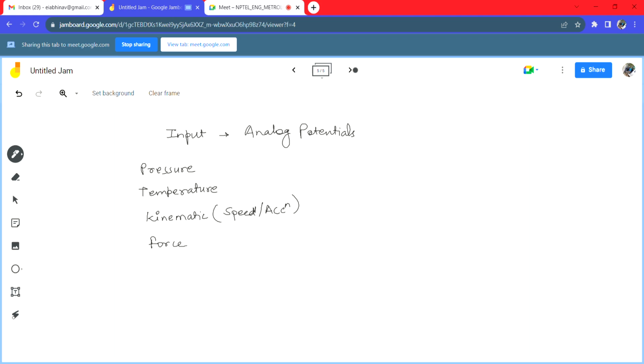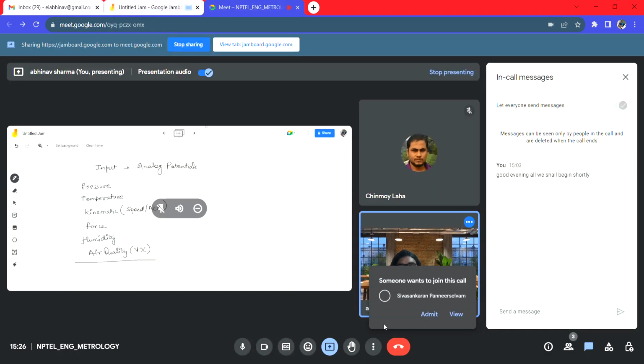Now these days we do a lot of study on things like humidity, air quality. So this air quality can be measured in terms of VOCs, and so on and so forth. So this is the list of values that we do measure with different measuring devices.